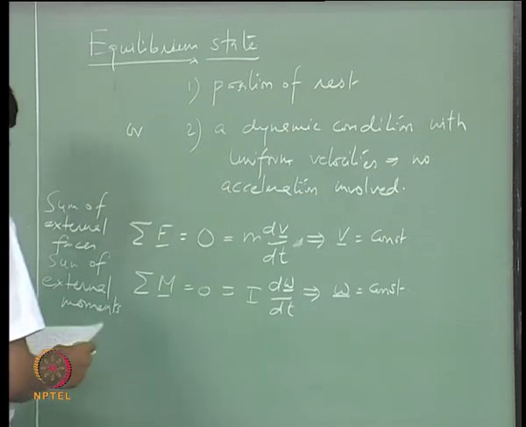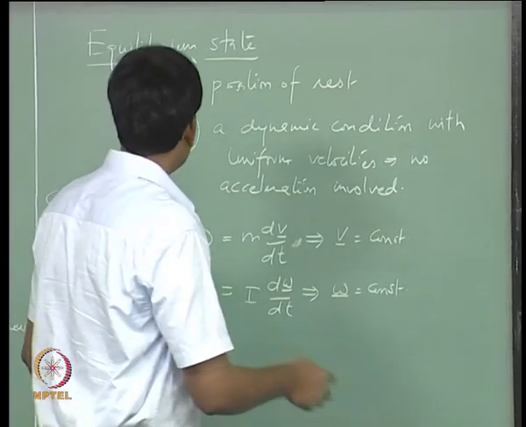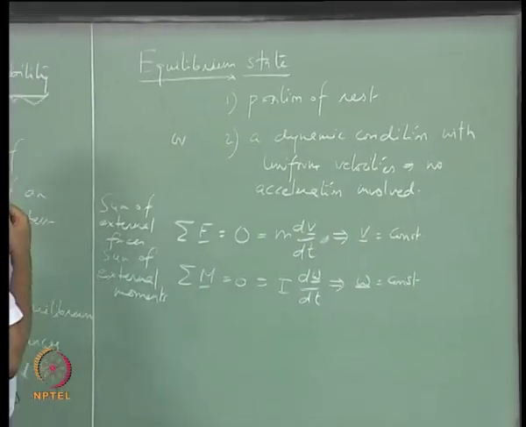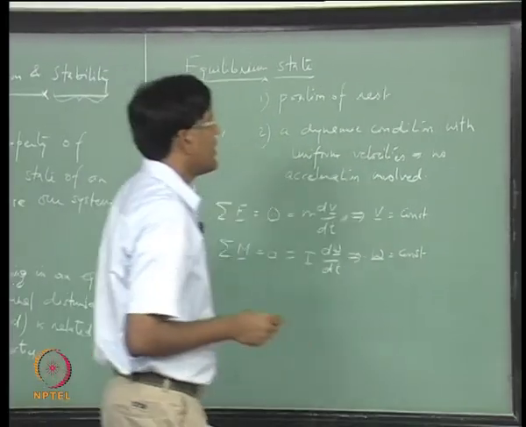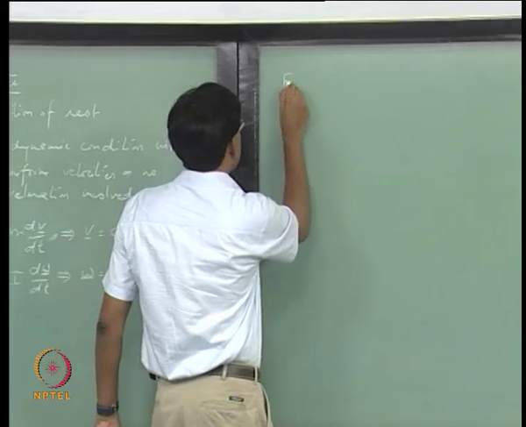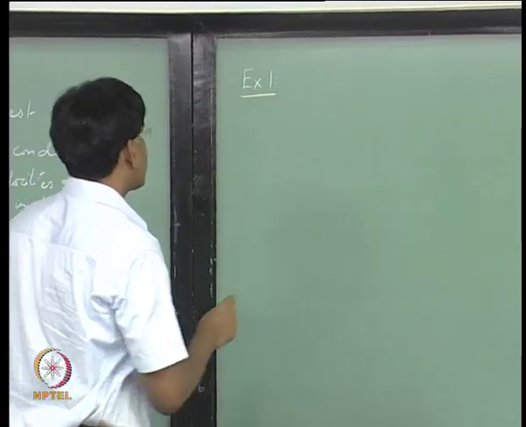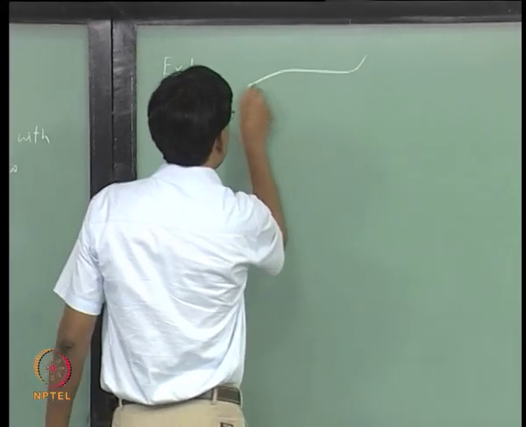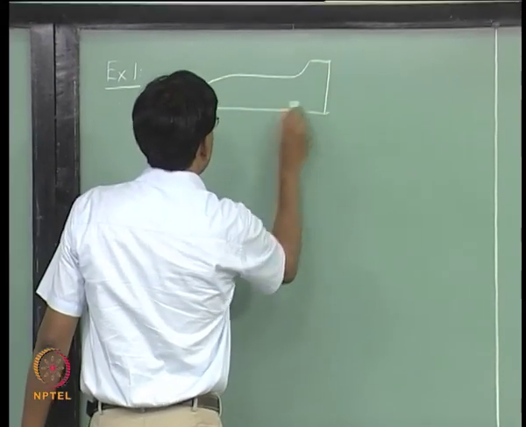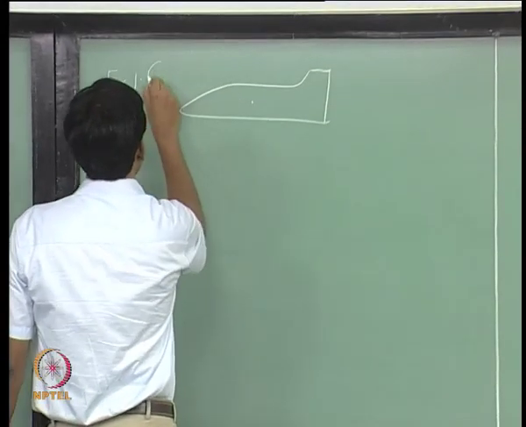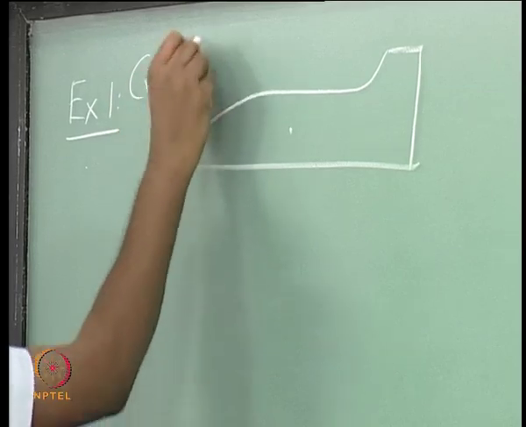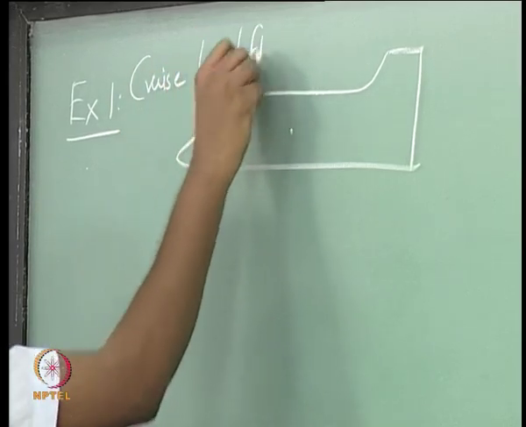Let us look at some of the flying equilibrium states of aircraft. An example of such equilibrium states could be this cruise level flight.